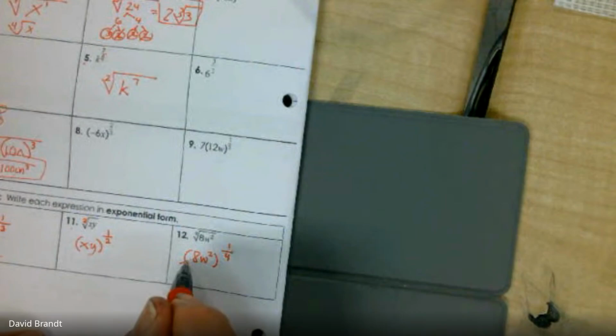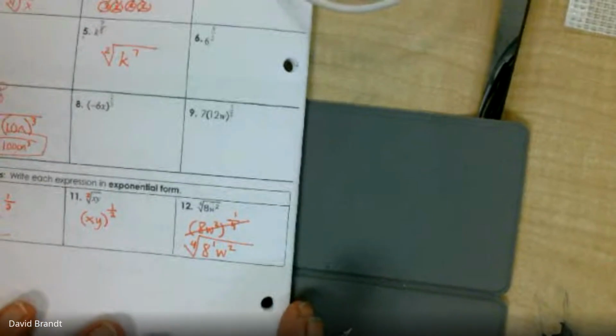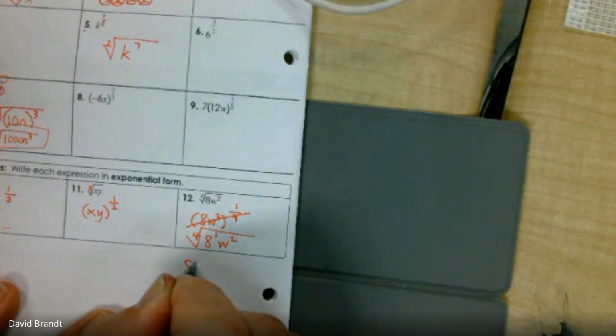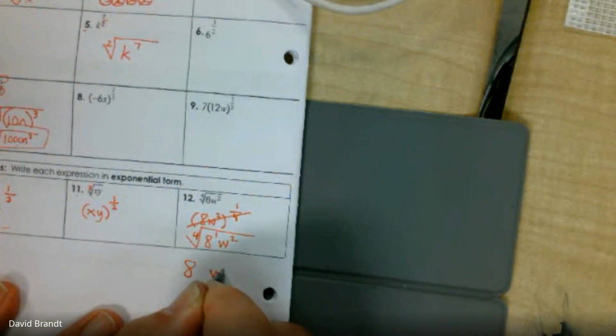Let's do this one a different way that I think is a little bit easier. The 8 is to the power of 1. The W is to the power of 2. I'm going to do them separately, 8 and W.